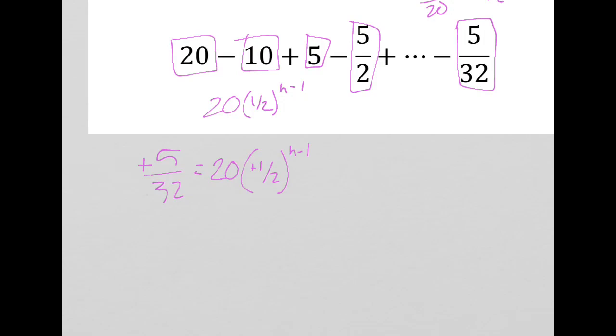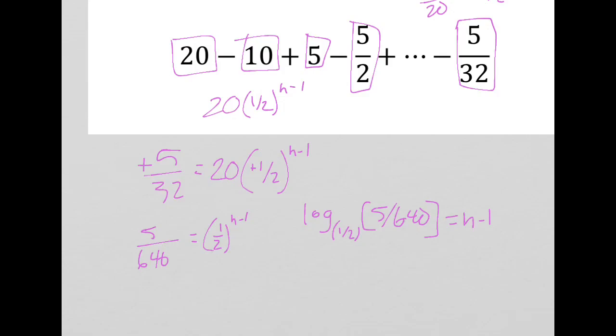So first thing I need to do is divide by 20, and so I'll get 5 divided by 640 equals 1/2 to the power of n minus 1. And now I can go ahead and rewrite this in log form. The log base 1/2, the same base as the exponent, of whatever the exponent expression is equal to, 5 over 640, will equal n minus 1.